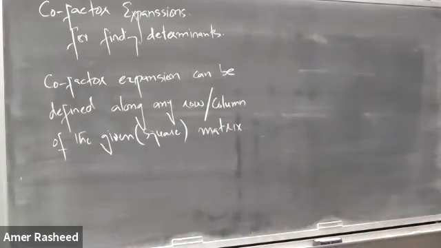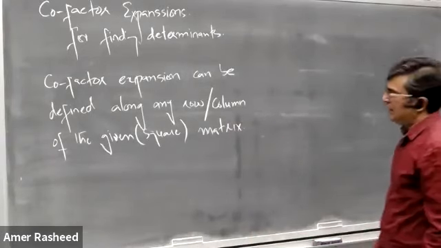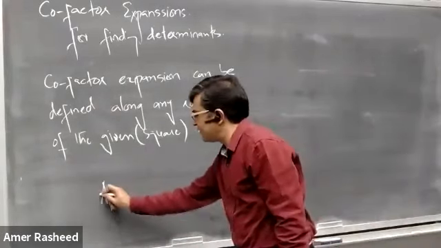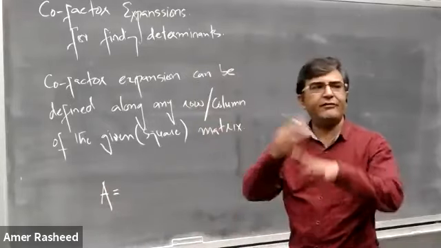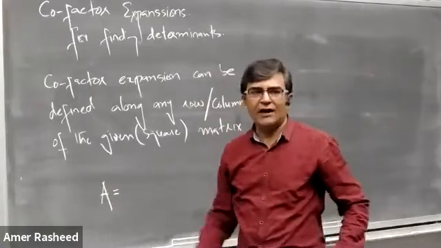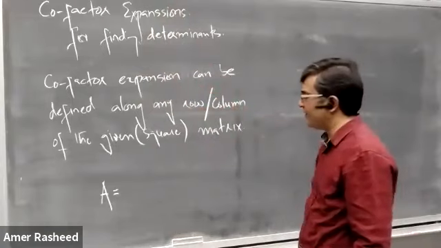Now, if A is a general matrix, we are going to define the general definition, and then we will take that particular case of a 4 cross 4 matrix.